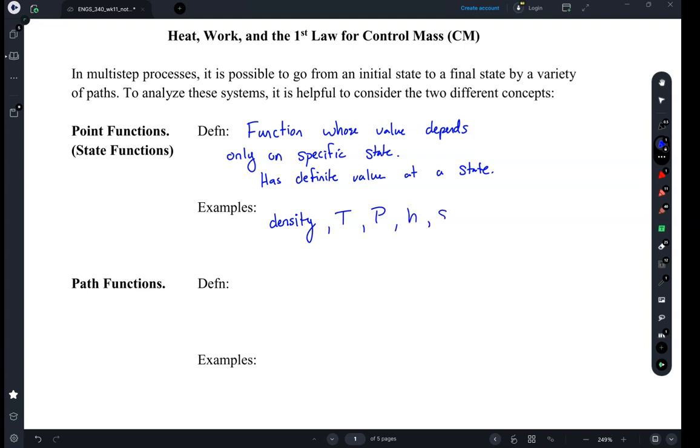Also something like enthalpy, entropy, internal energy, specific volume, things that we can look up in our tables. The reason we can look them up is because they are point functions. We can look up their value when they go together at a specific state. This would also be something like kinetic energy and potential energy, where, for example, if we know the mass and the height, we know the potential energy, and that is clearly defined at that given state.